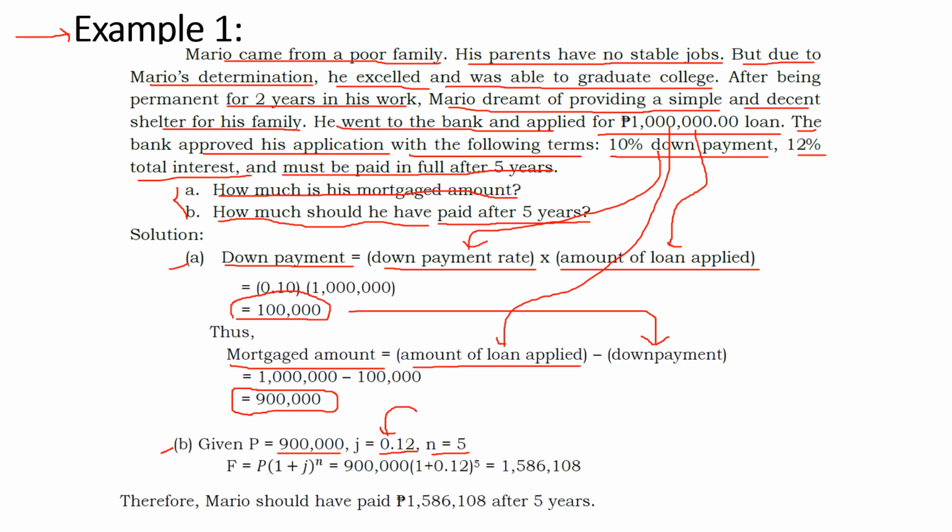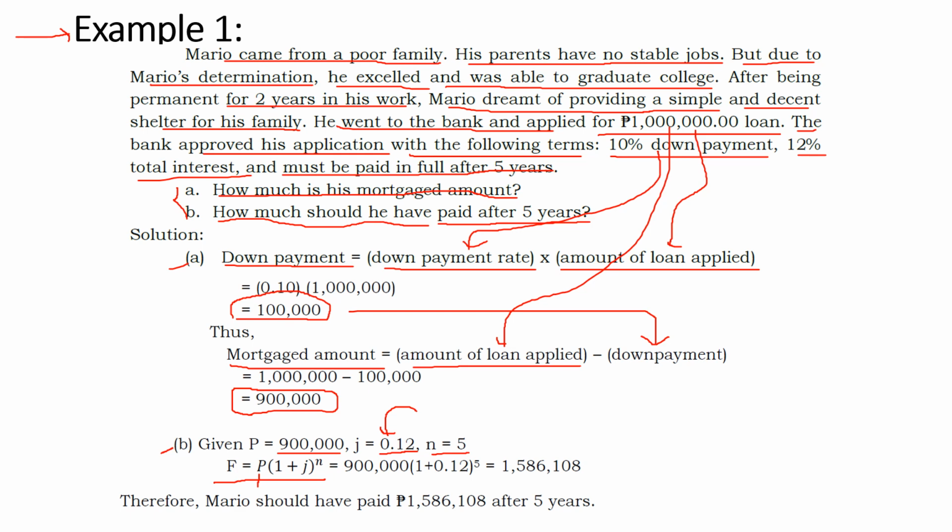Now, with the formula for the future value, we simply multiply your principal by 1 plus j, the rate of interest, aligned to compounded annually, raised to n, which is the exponent or the number of conversion periods.